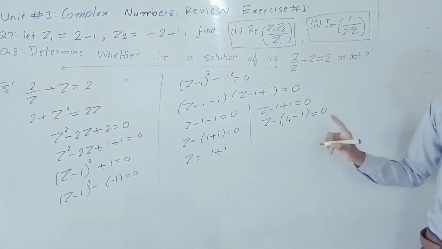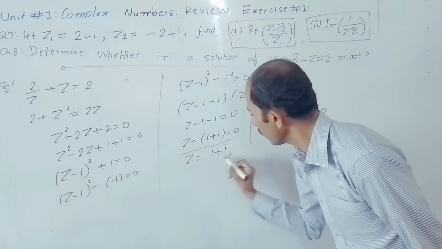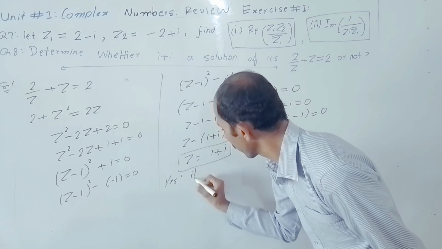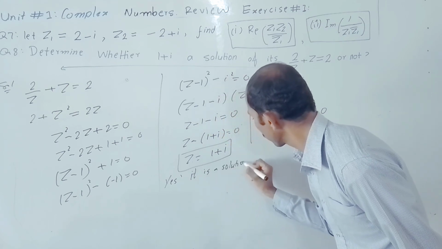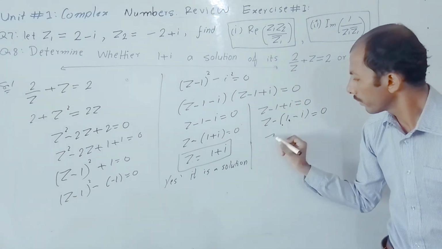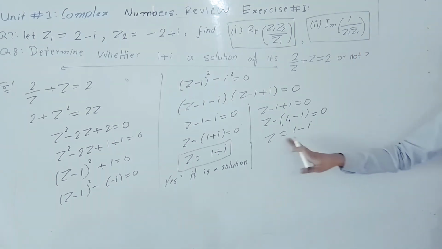Z is equal to 1 plus iota. Yes, it is a solution. Next, z is equal to 1 minus iota, not a solution.